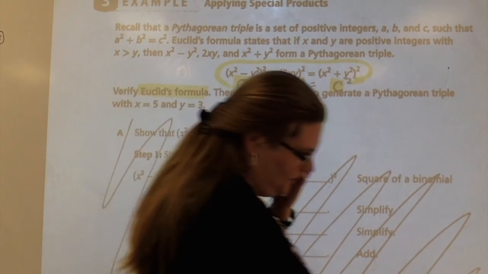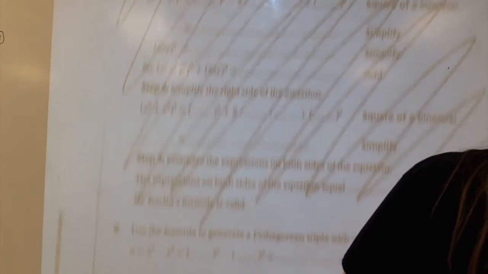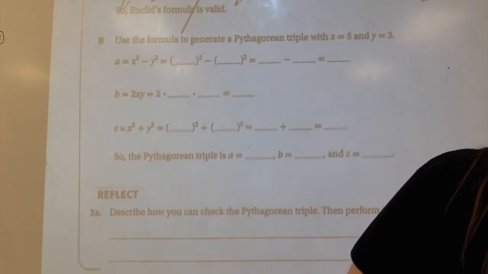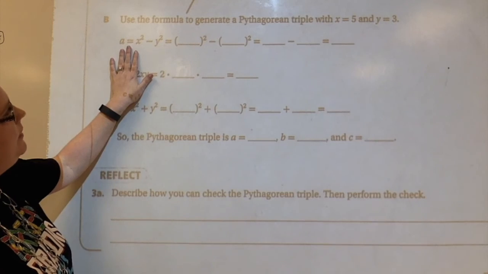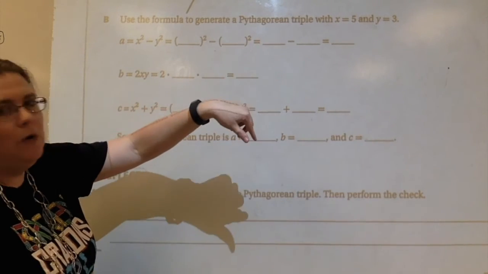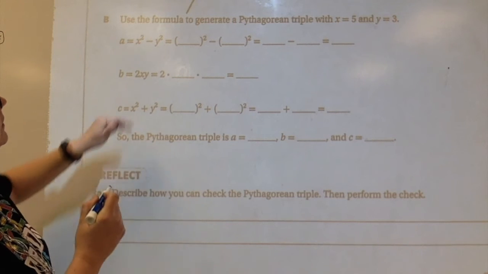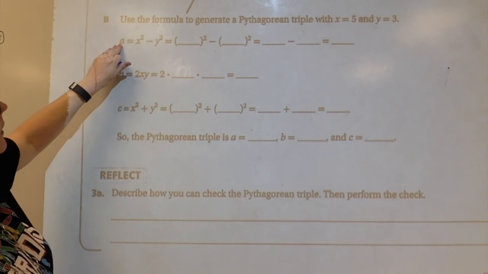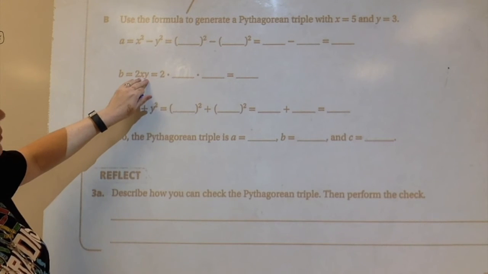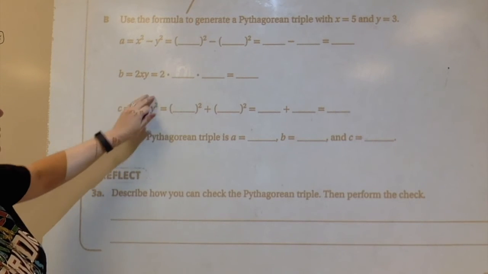Okay? So, using Euclid's formula, it says use the formula to generate a Pythagorean triple with x being 5 and y being 3. So, Euclid's formula is x squared minus y squared, quantity squared, that's your a, plus b squared, or 2xy squared, equals c squared, or x squared plus y squared, quantity squared.